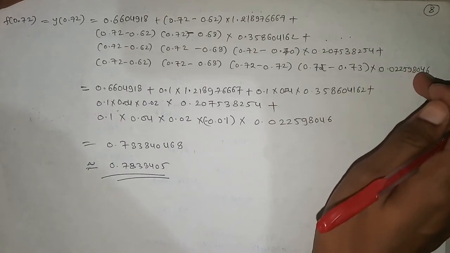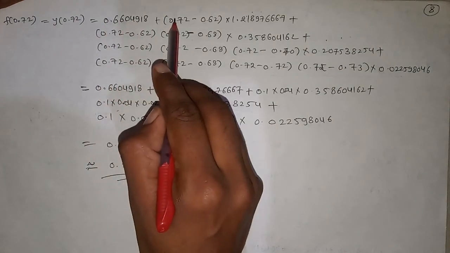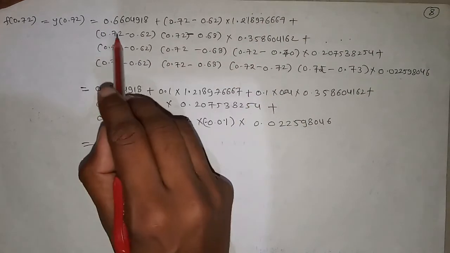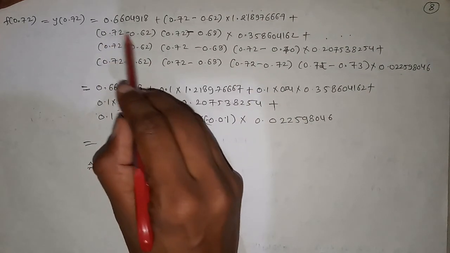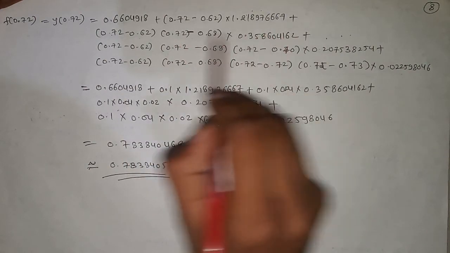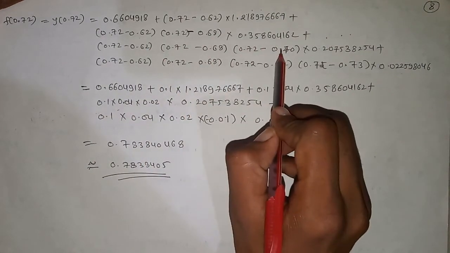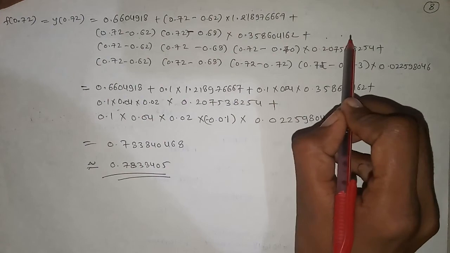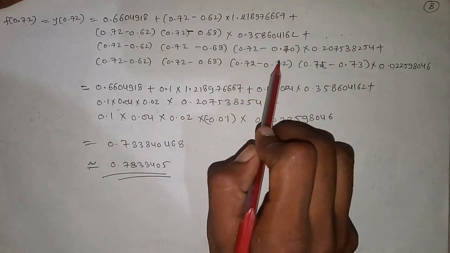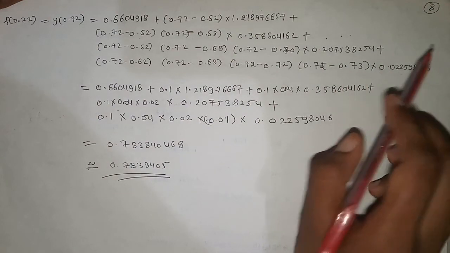Up to here we have written the formula. This is f[x0], then x is 0.72 minus x0 into f[x0 x1], then (x minus x0)(x minus x1) into f[x0 x1 x2], plus (x minus x0)(x minus x1)(x minus x2) into f[x0 x1 x2 x3], plus (x minus x0)(x minus x1)(x minus x2)(x minus x3) into f[x0 x1 x2 x3 x4].